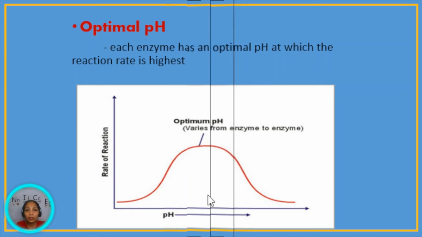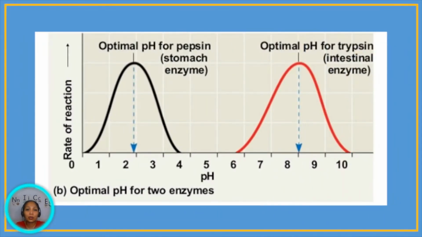In this graph, it shows that the stomach enzyme, pepsin, works best, or has the highest rate of reaction, in an acidic condition, while trypsin, an intestinal enzyme, works best if the pH is in basic condition.